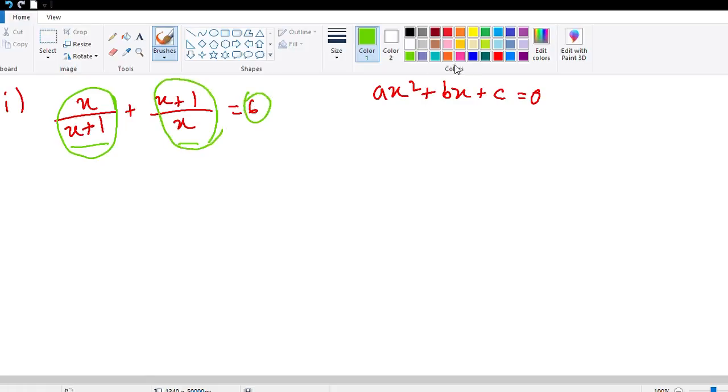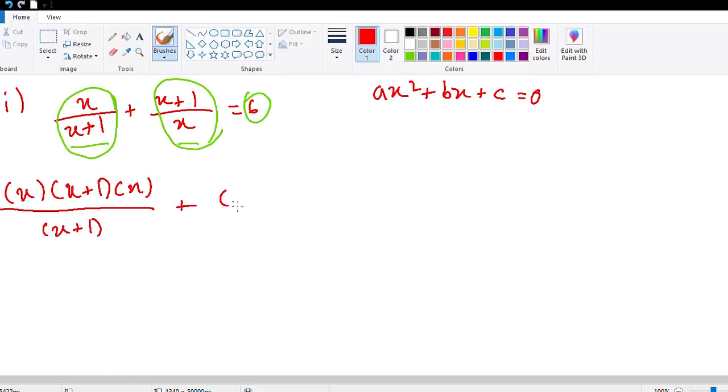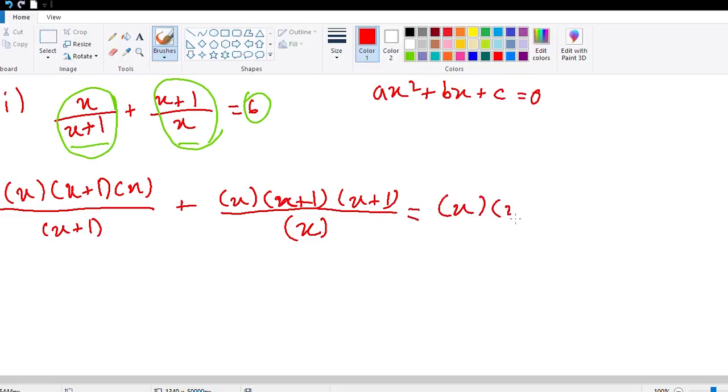So it's x multiplied by x plus 1, and that x which is already in the numerator over x plus 1 in the denominator, plus x and x plus 1 (it looks like an N), and then that x plus 1 that is already there over x in the denominator, equal to x into x plus 1 into 6.